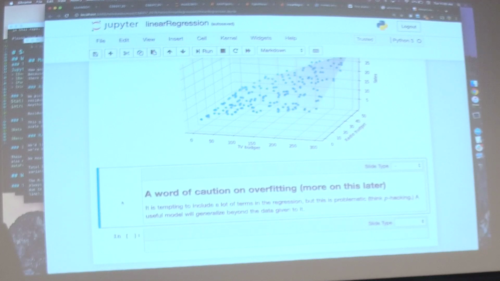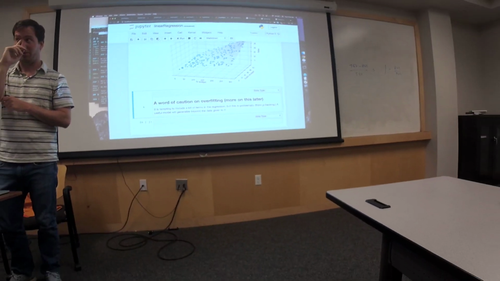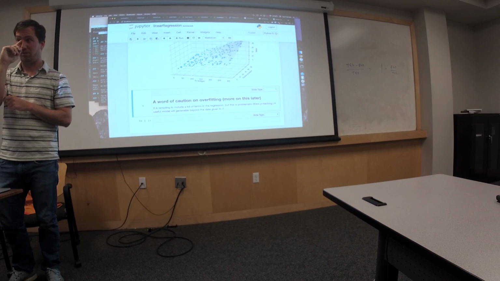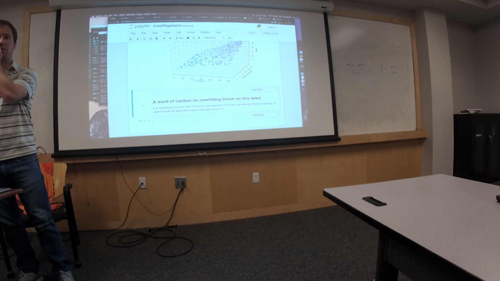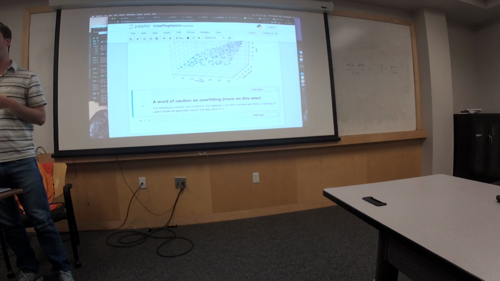But in that case, if we add terms, we will introduce more deviation. No, if we add more terms, we will never get worse, right? So if we added a new term and there was no relationship, the least squares would pick the coefficient to be 0. So there's no way we will add more error. We can only reduce that error, right? Because if we would add more error, the coefficient would just be set to 0.